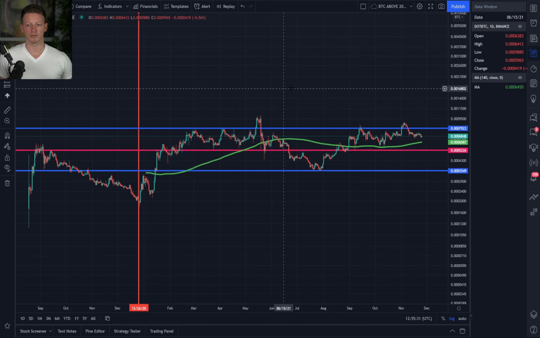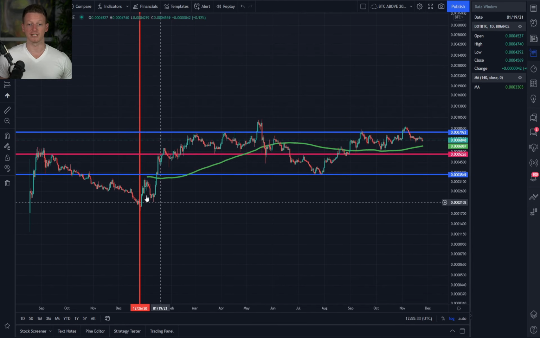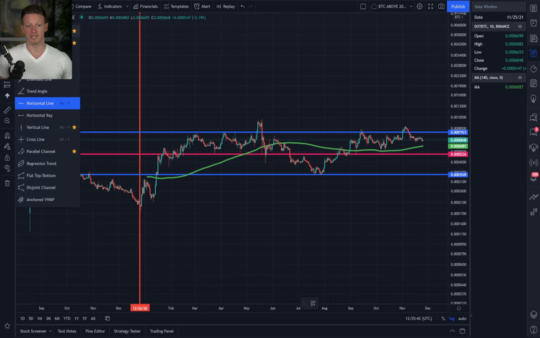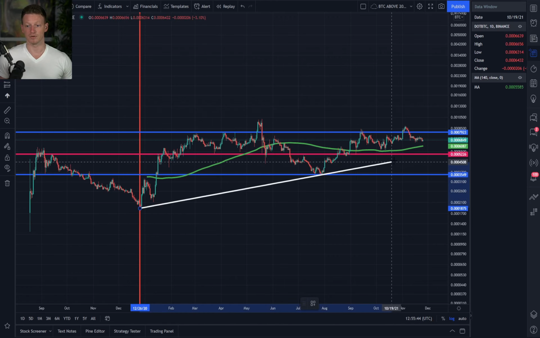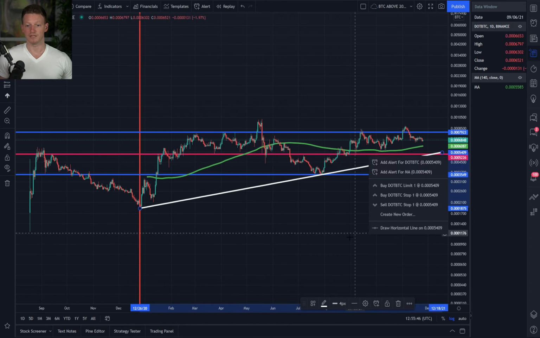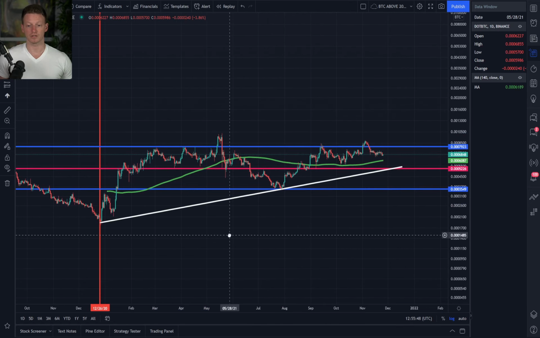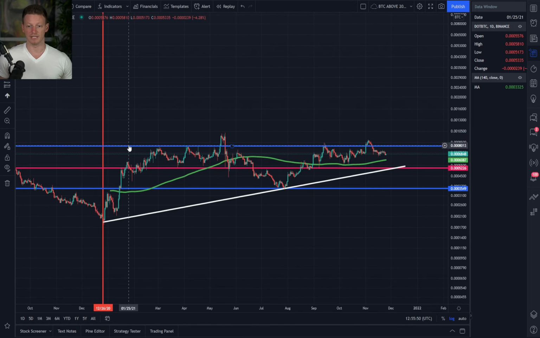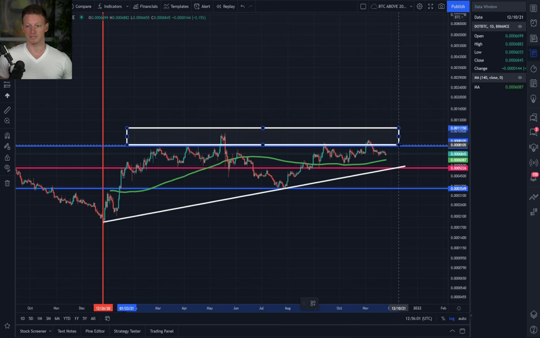So now we're going to look at, and this is the brighter side of the story, Polkadot to Bitcoin. And you can see that Polkadot has actually been in a more long-term uptrend with relation to Bitcoin. So we have been moving up with relation to Bitcoin, with the caveat that we have been rejected several times now by this sort of upper resistance level, which realistically is probably right in around here.